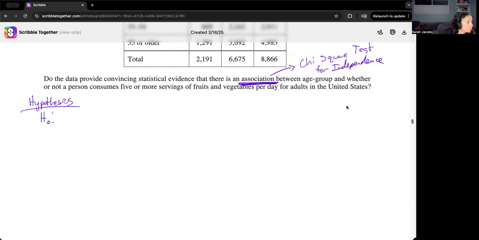We're going to start with the hypotheses. These ones we can write out in words. So the null hypothesis is that fruit and vegetable consumption is independent. I'm going to type this. I don't know why I haven't been doing that. It's not been working very well in Notability, but I think it'll work fine here.